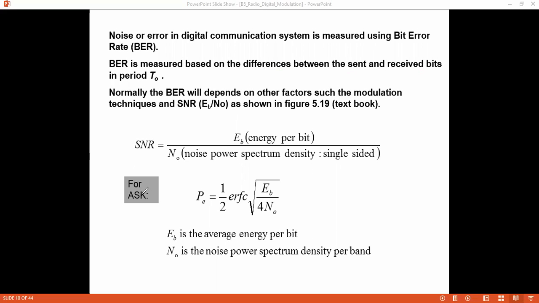For ASK, the probability of error follows this equation: half times the error function of the square root of Eb over 4N0. This is the formula to calculate PE, the probability of error, or estimated bit error rate, for ASK.